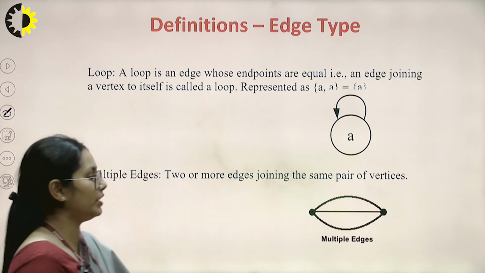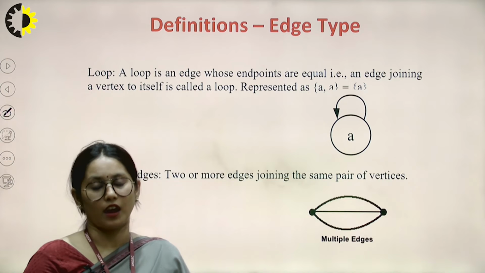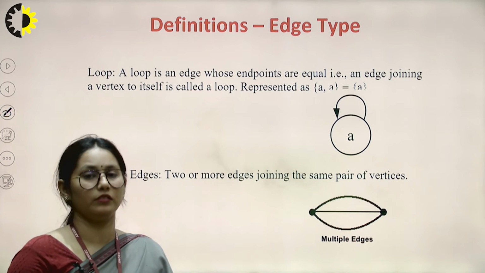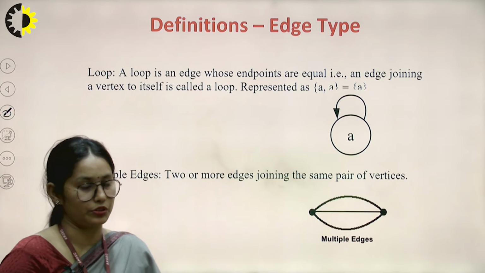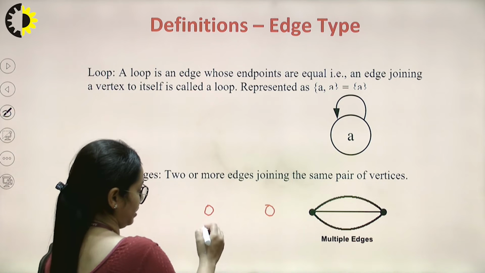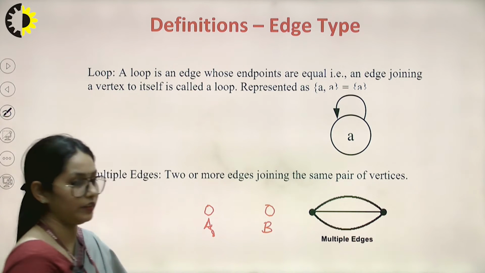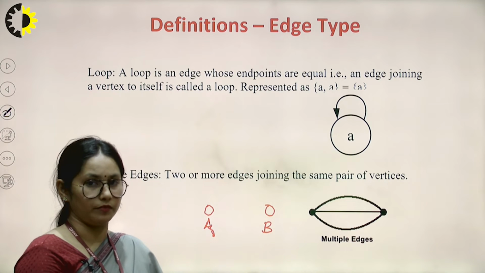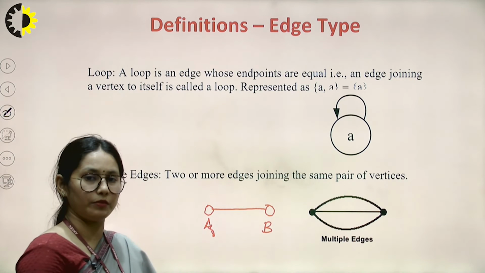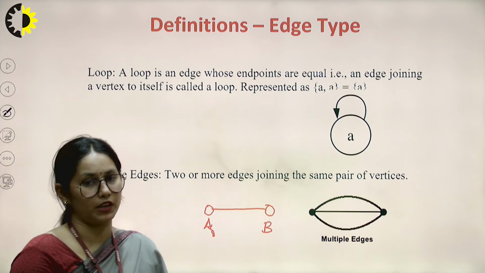Fine. Now what are multiple edges? Multiple edges means there are more than one edge between at least two nodes. Say there are two nodes A and B, and you want to go from A to B. There should be a path from A to B, but there could be many more paths available.